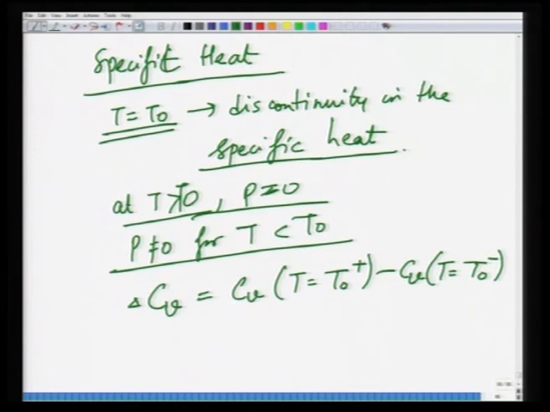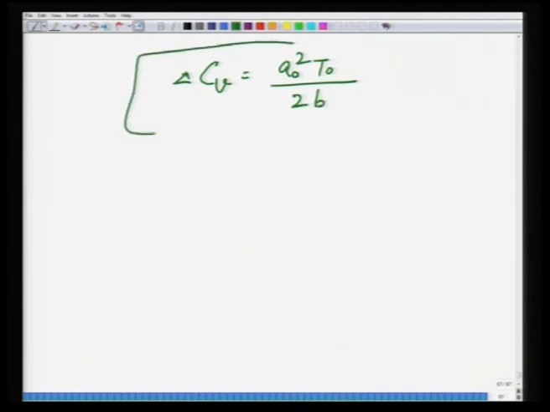Since Cv is given as minus T del 2g by del T square, you can work out from the expressions of free energy that this delta Cv is given as A naught square T naught divided by 2b, and this basically shows a discontinuity near the Tc.